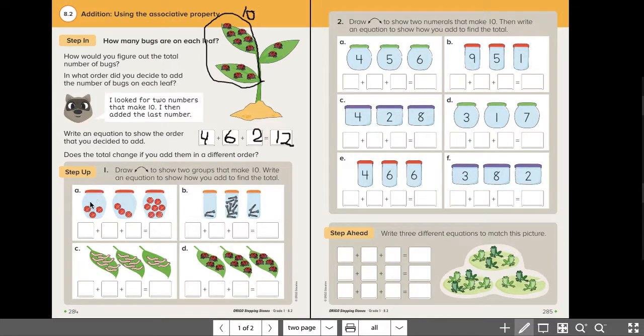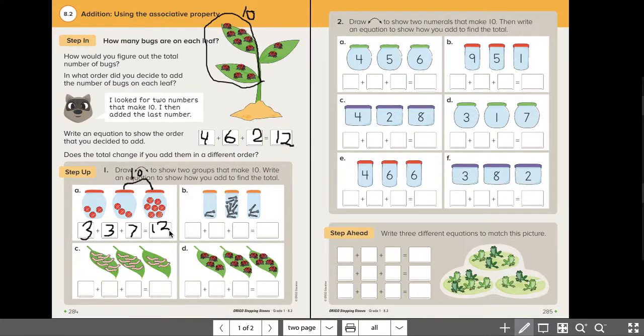But is it going to be 3 and 3, or is it going to be 3 and 7? Well, I know 3 and 3 is 6. So 3 and 7 is 10. So 10, 11, 12, 13. So we have 3, 3, and 7. I know 3 and 7 make 10. 10 and 3 is 13.